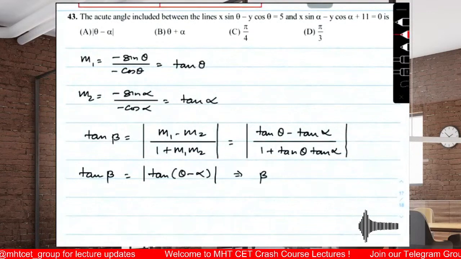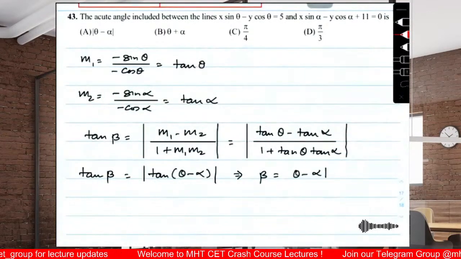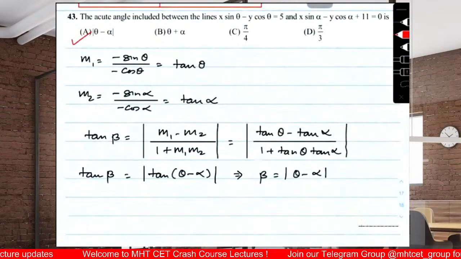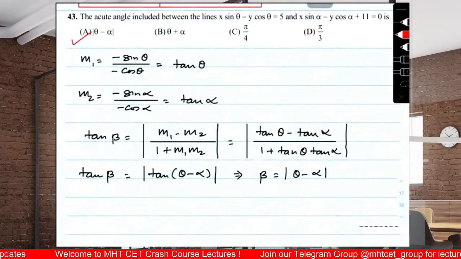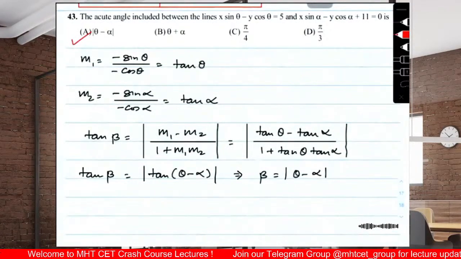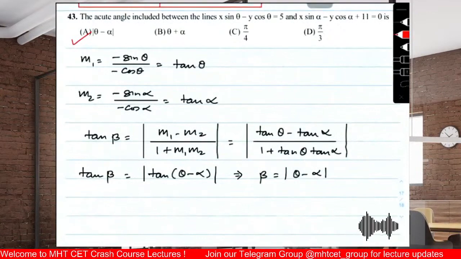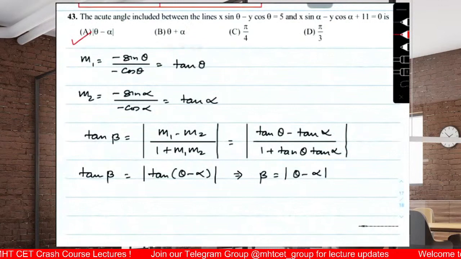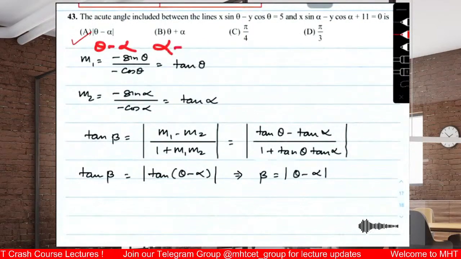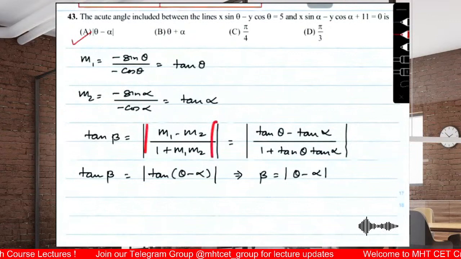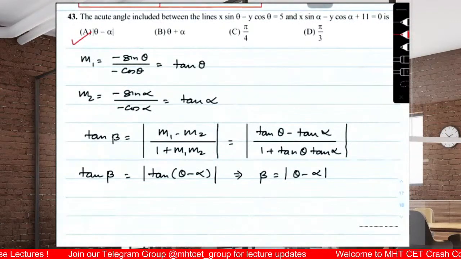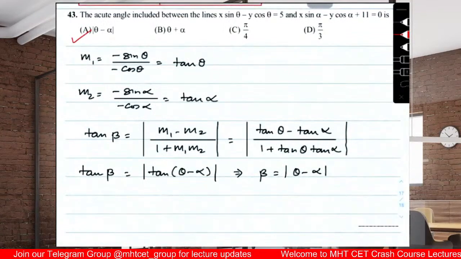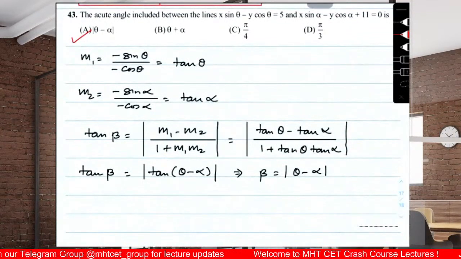So obviously beta will be theta minus alpha. मॉड कंसीडर करो न मत कंसीडर करो, कुछ फर्क नहीं पड़ेगा यहाँ पर, क्योंकि थीटा माइनस अल्फा एक में ही है. अगर यहाँ पर अल्फा माइनस थीटा और यहाँ पर थीटा माइनस अल्फा ऐसे कुछ होता तो मॉड से कुछ डिफरेंस होता था, अभी कुछ नहीं है. Acute angle. Done.